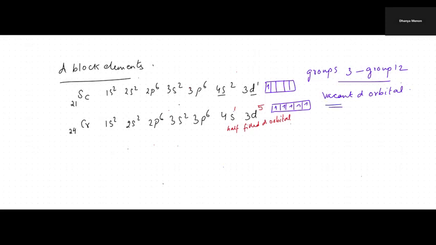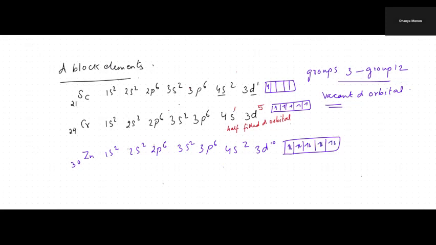But in case of zinc, that is 30, 1s2, 2s2, 2p6, 3s2, 3p6, 4s2, and 3d10. Here there is no room for more electrons. It is fully filled.